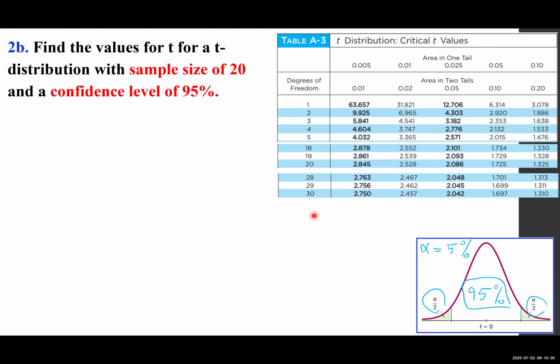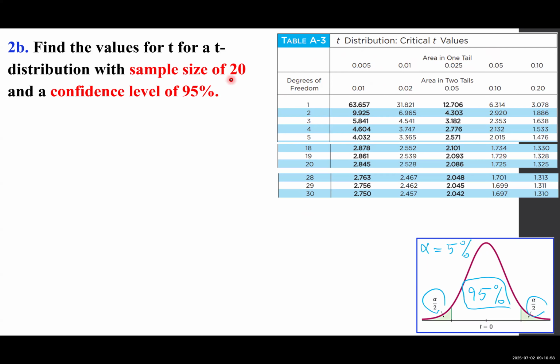On the left column, we have degrees of freedom. I have up to 5, and then I change numbers because I don't have enough room. At the top, you see two things, either area in one tail or area in two tails. For example, this has to be 2 times that, just to give you an idea. So what is given in this case?